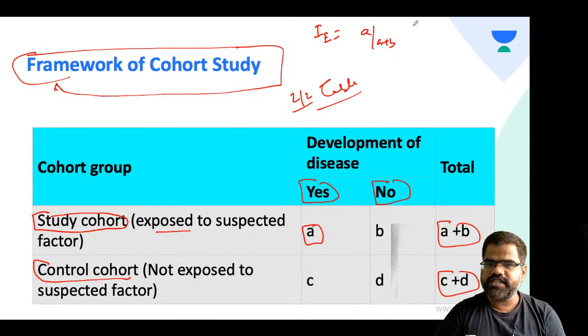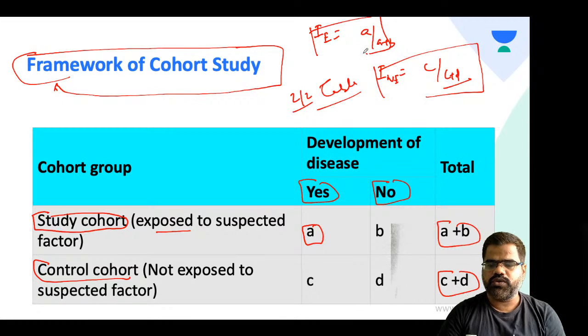If I ask what is the incidence in the control cohort, those not exposed to the risk factor, it is C divided by C plus D. This is my incidence in the non-exposed group and this is my incidence in the exposed group.